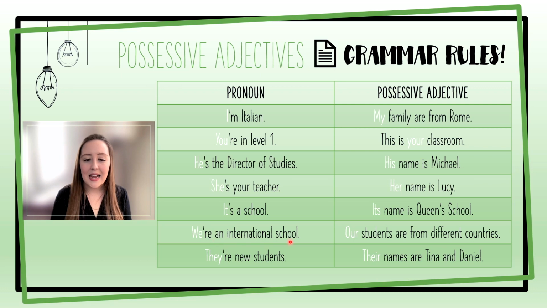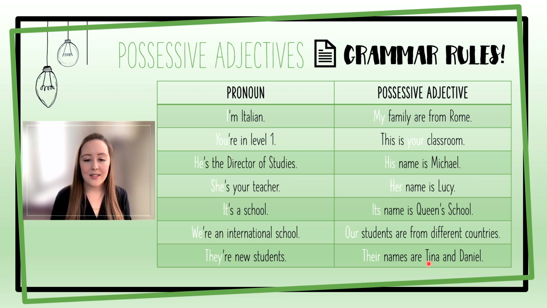We're an international school. The possessive adjective of we is our. Our students are from different countries. Good, well done. And the last one, they're new students. The possessive adjective for they is their.